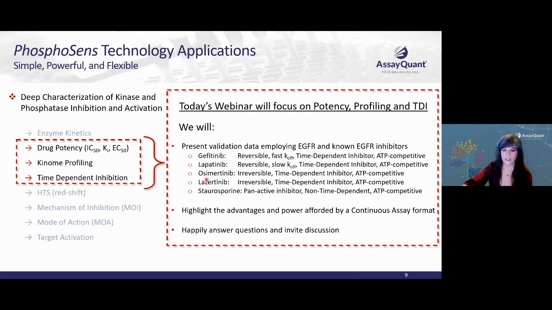We're going to be looking at osimertinib, which is an irreversible, time-dependent inhibitor, ATP competitive. Lazertinib is irreversible, time-dependent, and ATP competitive. And we threw in staurosporine as a well-known control. It's a pan-active inhibitor, does not show time-dependent inhibition, and it's ATP competitive.